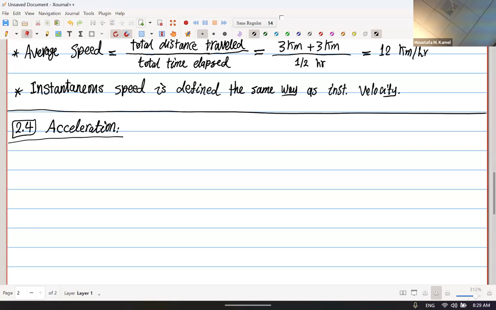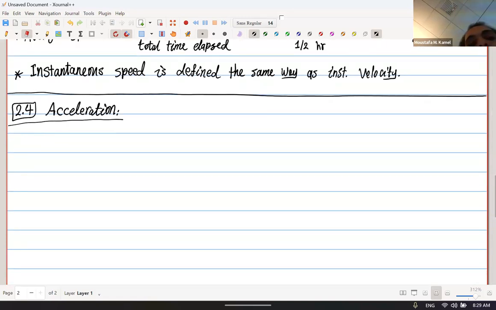This is consistent with the formal definition that we will have today. However, the formal definition is more inclusive because acceleration can be positive or negative. Acceleration could slow down an object, not just speed it up. And depending on what direction it has with respect to velocity, it will determine whether it will speed it up or slow it down. So let's write the mathematical definition first.